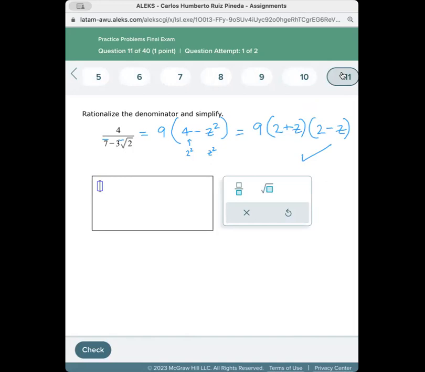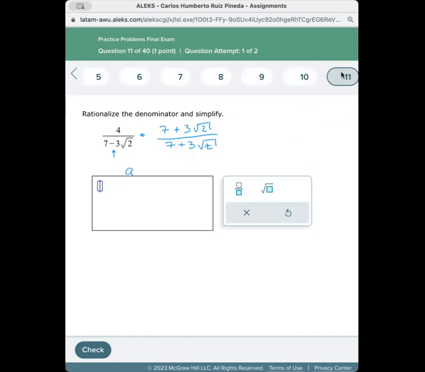We continue with this rationalization. If you recall, we need to multiply by the conjugate binomial of the denominator, which is now with positive. We do this because we want to get rid of the square root in the denominator.